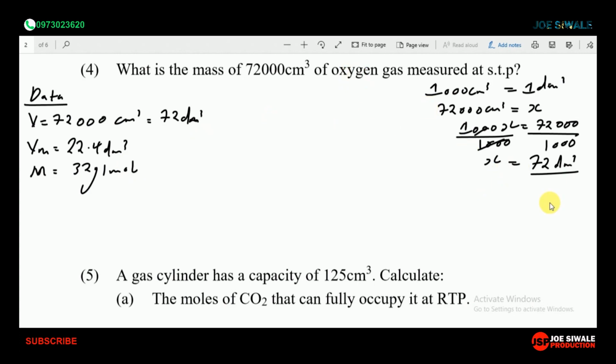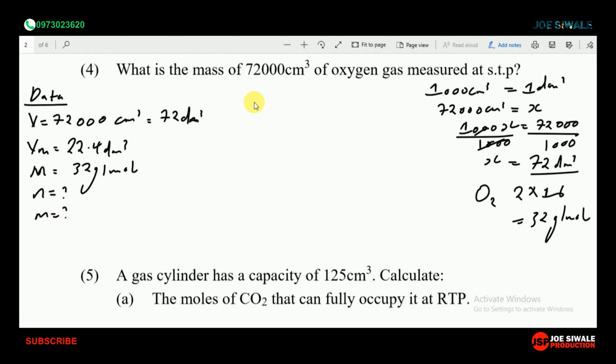We have been given oxygen gas, which is O2. So we have 2 atoms multiplied by the mass number of oxygen, which is 16. So our answer is going to be 32 gram per mole. So that's how we get that. Then the number of moles we don't have, and the mass we also don't have.